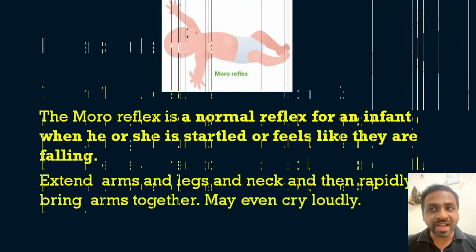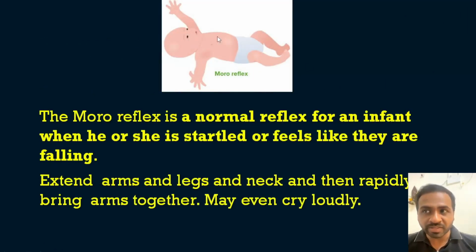Now the other option was the Moro reflex. The Moro reflex is a normal reflex of an infant when the infant is startled or feels like they are falling. Three things we have to remember in the Moro reflex. First, extended arms and legs.